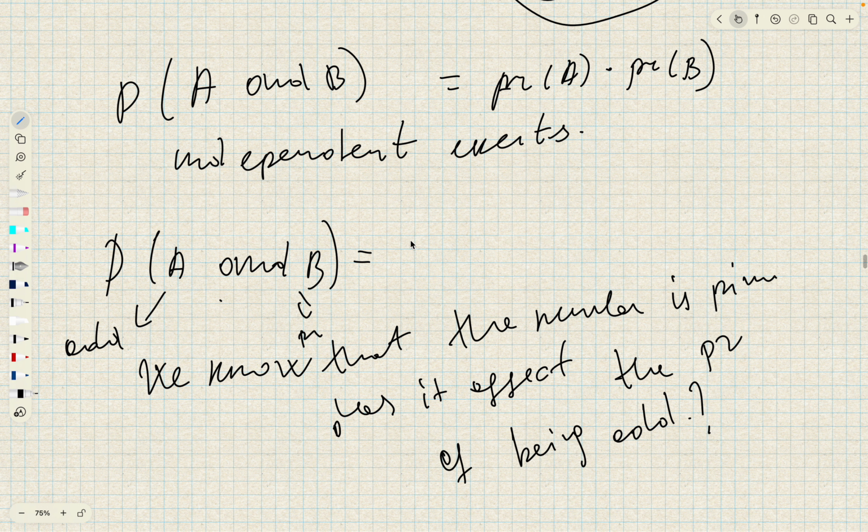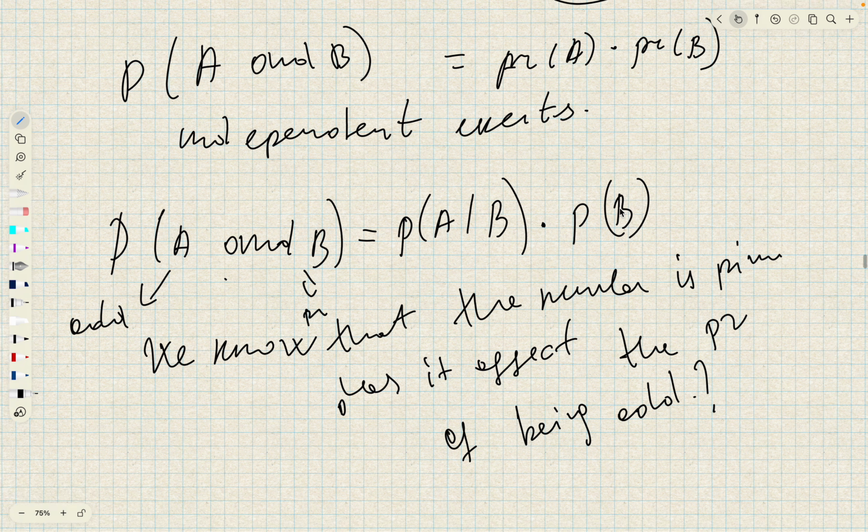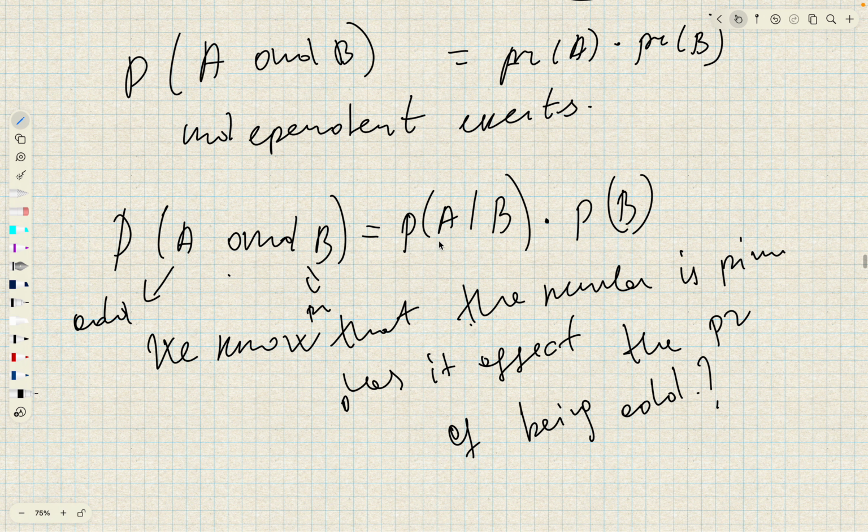We are calculating simply this: P of A given that B occurred, multiplied by P of B. Because the outcome of the event A is dependent on B, we have to look at its conditional probability multiplied by the probability of B occurring, because we cannot just write P of A.